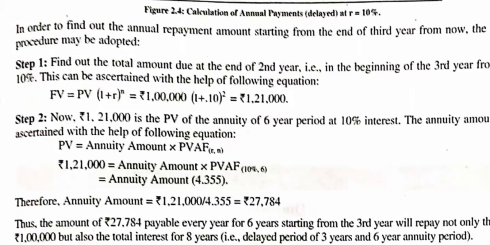In the table which I have sent, you have to go and see 10%, 6th year, in the PVAF or PVIFA table. There you will get a value of 4.355. Now 1,21,000, the future value, divided by 4.355, so the annuity amount you will get is 27,784 rupees.